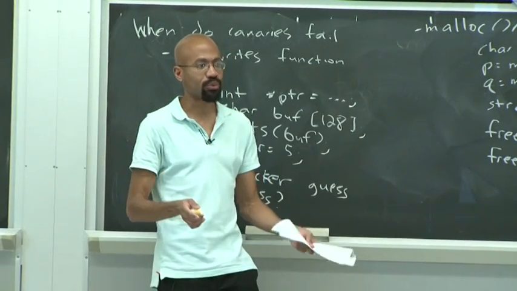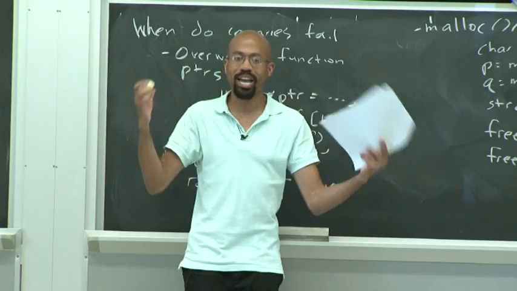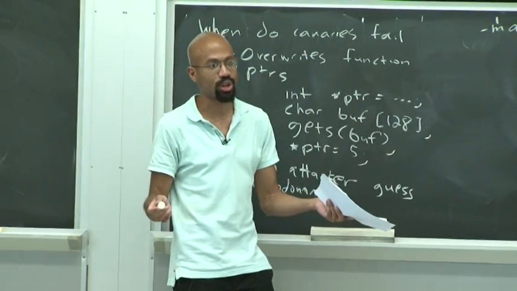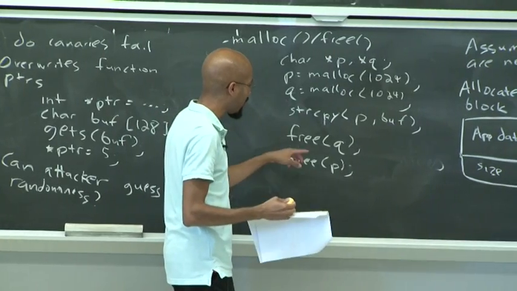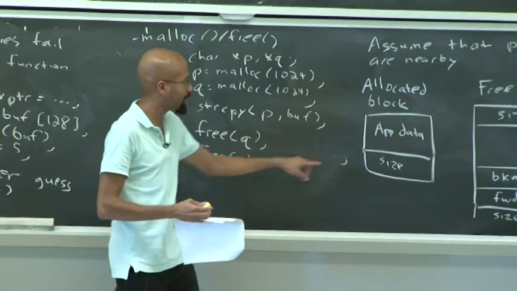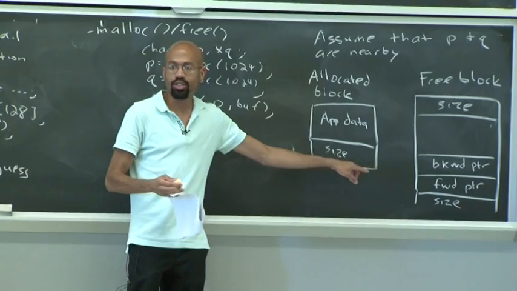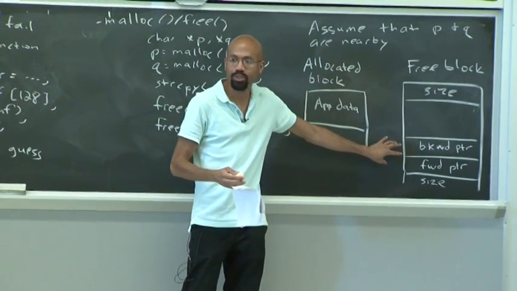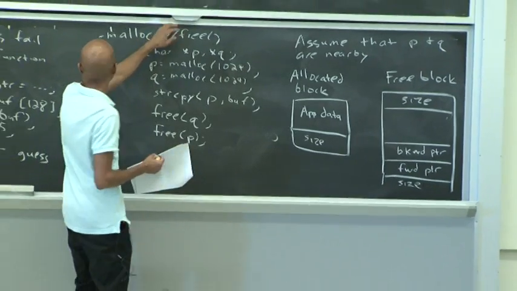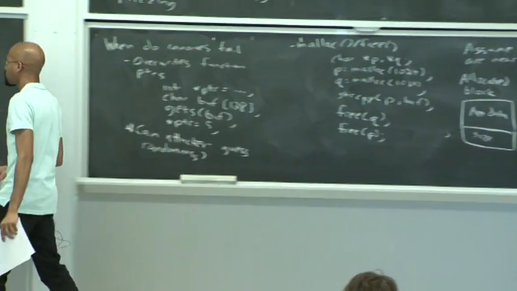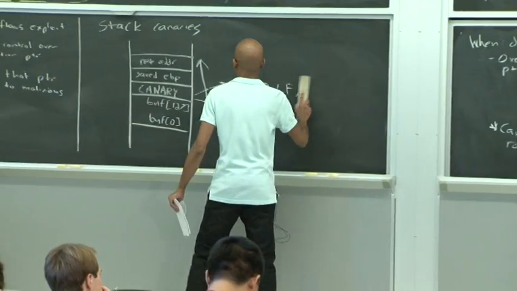Because if you're with me so far, then you can use your imagination at this point and see where things go wrong, right? Because essentially what's going to end up happening is that these free operations look at this metadata to do all kinds of pointer manipulations with this kind of stuff, right? So you can basically think of it as, get rid of this guy.